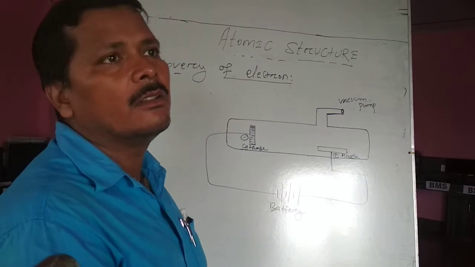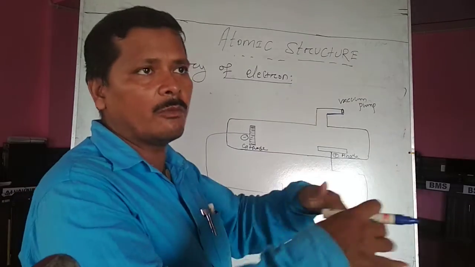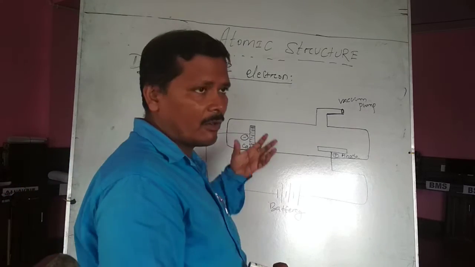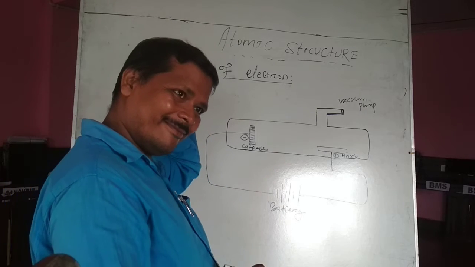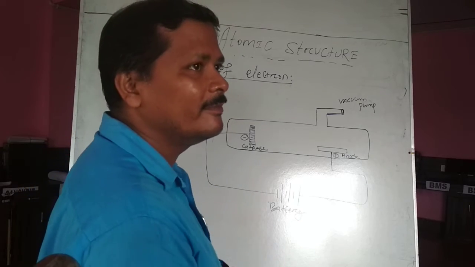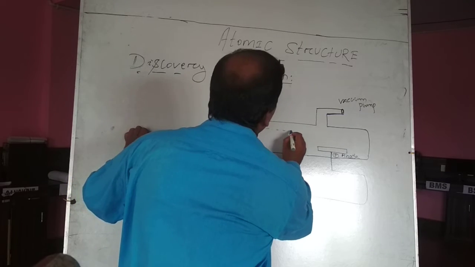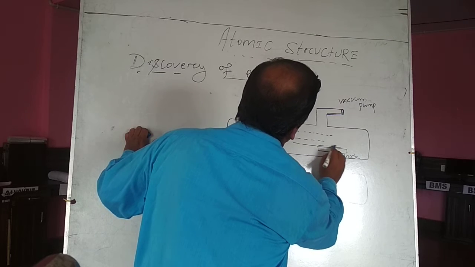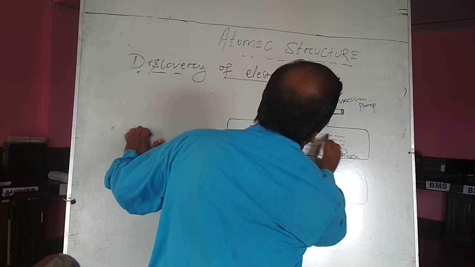Hydrogen molecules contain two hydrogen atoms. So first of all, these hydrogen molecules break down into hydrogen atoms, and the electrons in the hydrogen atom gain energy, and these electrons are knocked out from the atom, and it is seen that some rays are produced from the cathode and are traveling towards the anode.